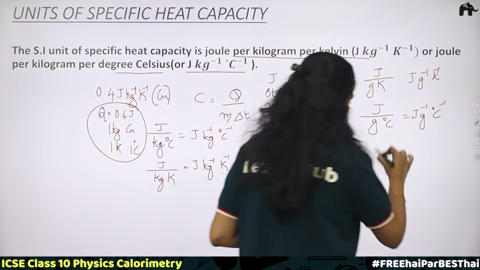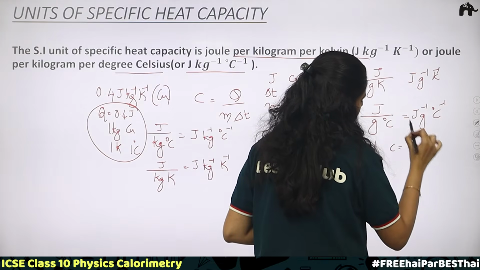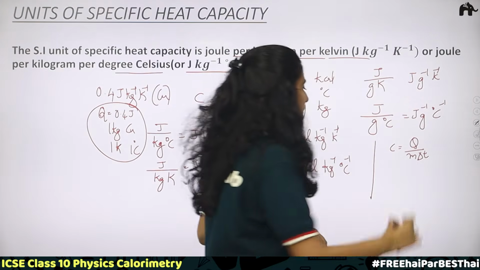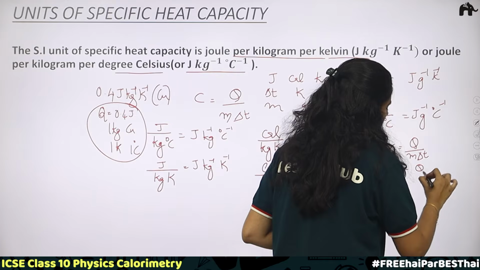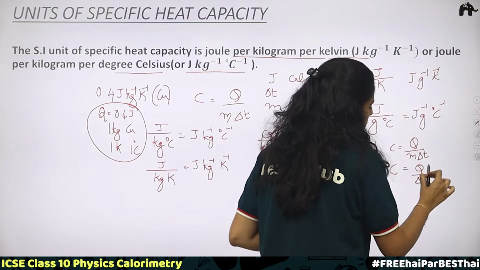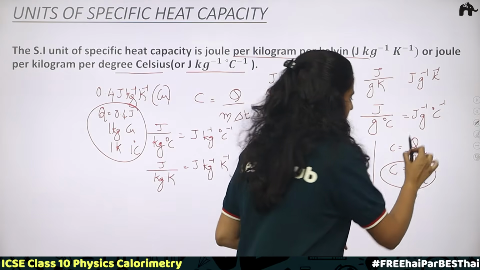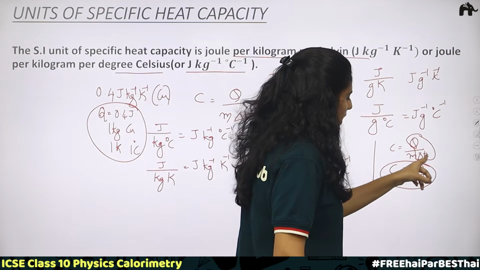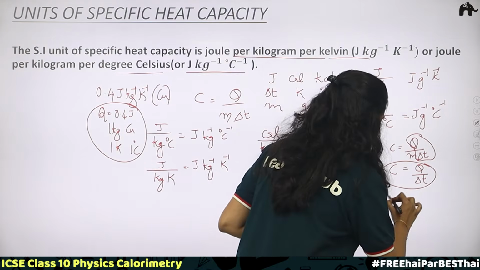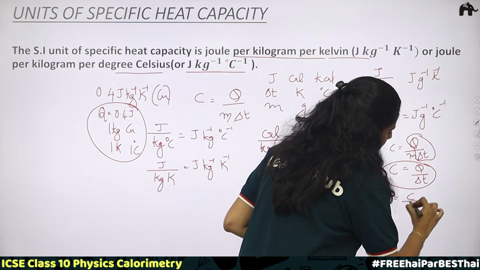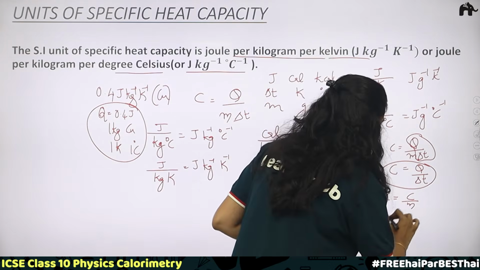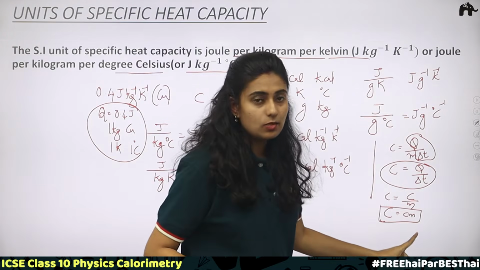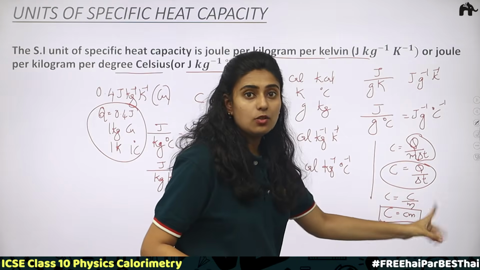We have specific heat capacity small c equal to Q divided by m delta T, and the heat capacity capital C equal to Q divided by delta T. Here we have Q divided by delta T, so we can replace it with capital C, which means small c is equal to capital C divided by m, or capital C is equal to small c into m. What does this mean? Heat capacity is equal to specific heat capacity into mass.